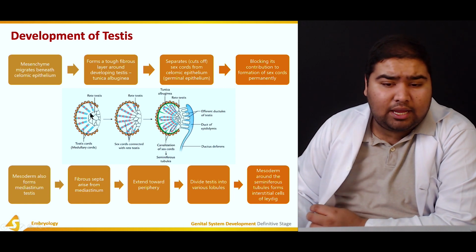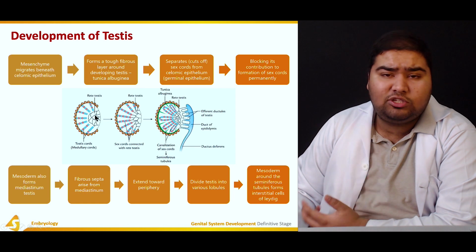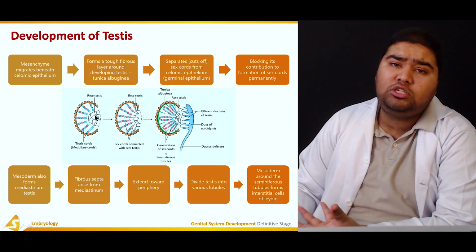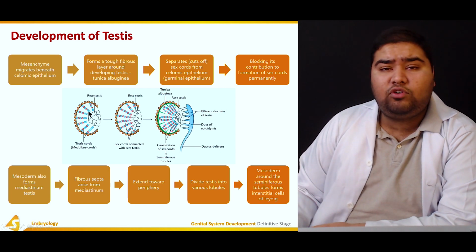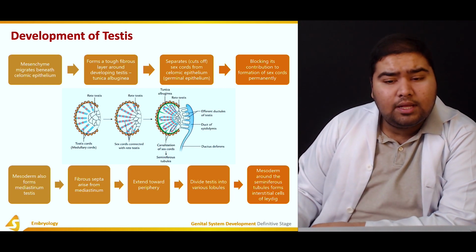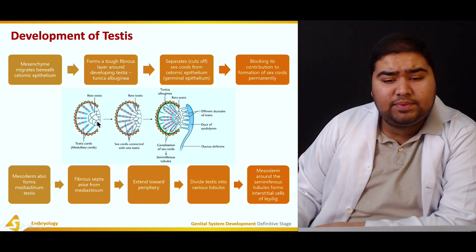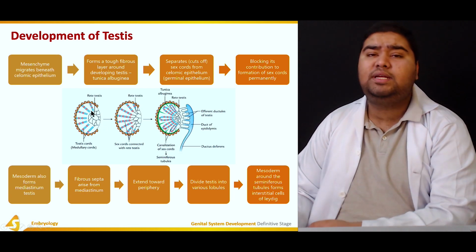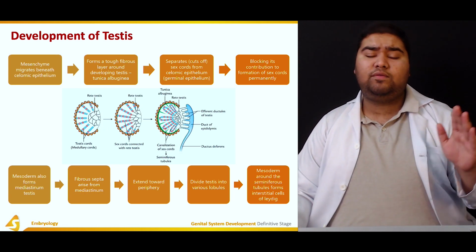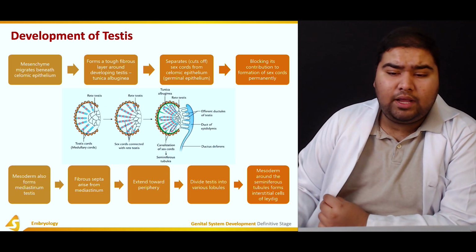At the same time, the remaining testes cords or medullary cords that have not broken down undergo canalization to form the seminiferous tubules. Now there's a development of connection between these horseshoe-shaped cells and these seminiferous tubules, and hence there is a continuation from the proximal to the distal end of the developing gonad.